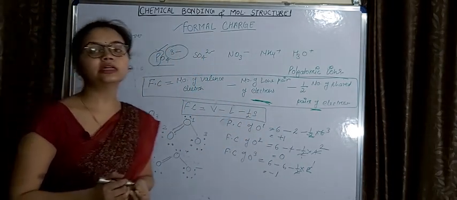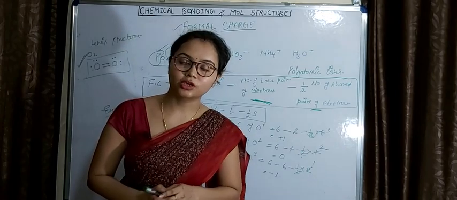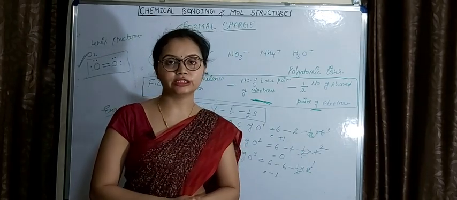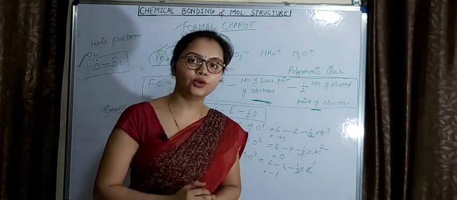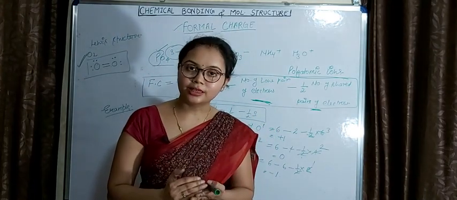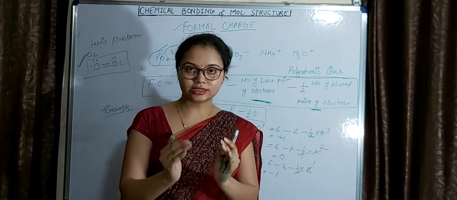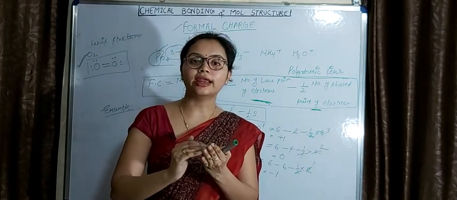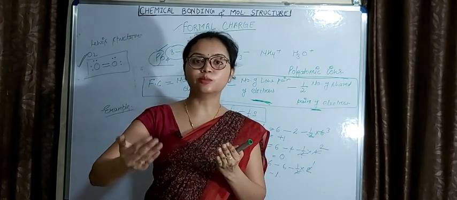Now we will talk about the significance of formal charge. What is the significance of formal charge? As I told you in the Lewis dot structures video, it is possible that we can draw the Lewis structure for a particular molecule in more than one possible way.